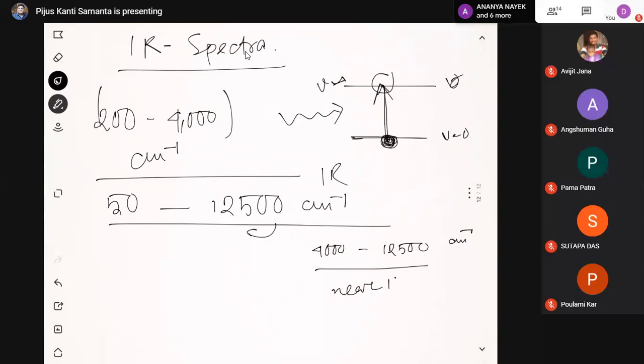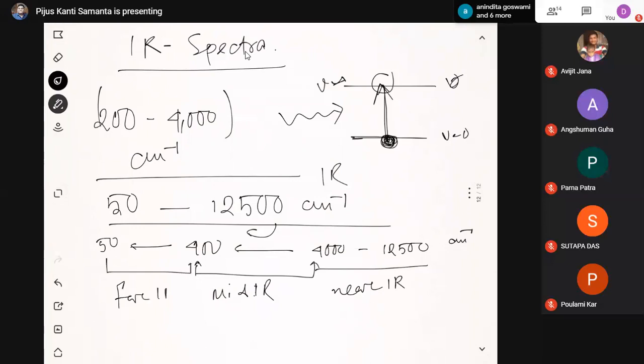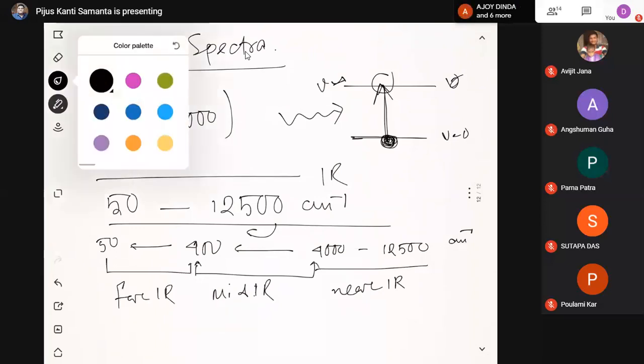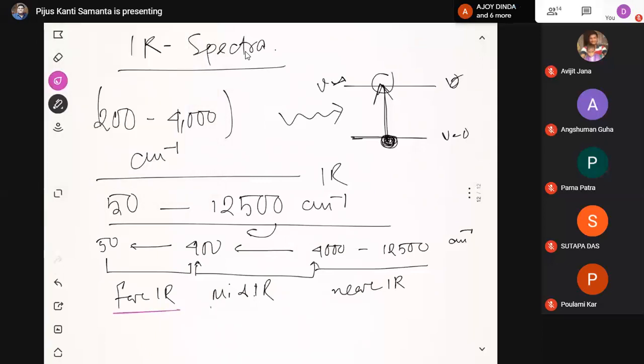From 4,000 to 400, this is called the mid infrared region, and 400 to 50 is known as the far infrared region. So we found these three types of infrared region: near infrared, mid infrared, and the far infrared region.